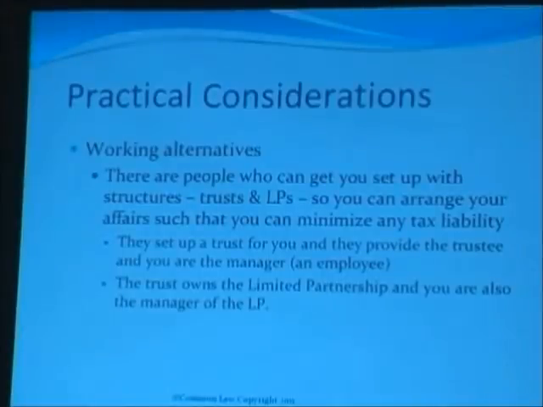You set up express trusts and things like that, and the important thing to know is that if you get an entity that doesn't have an EIN number, then the IRS doesn't see it, okay?